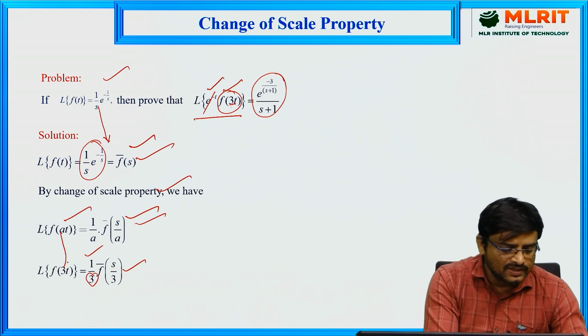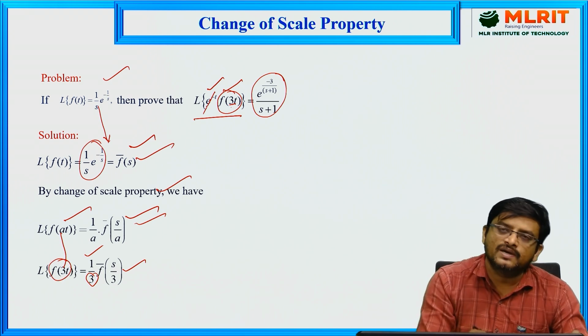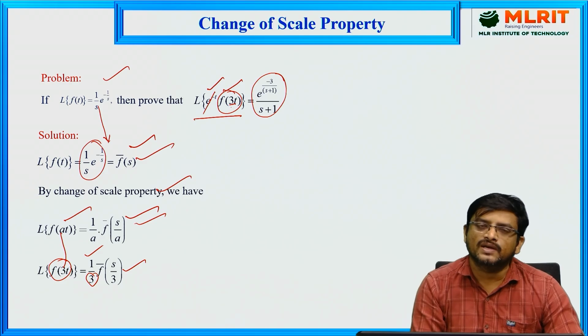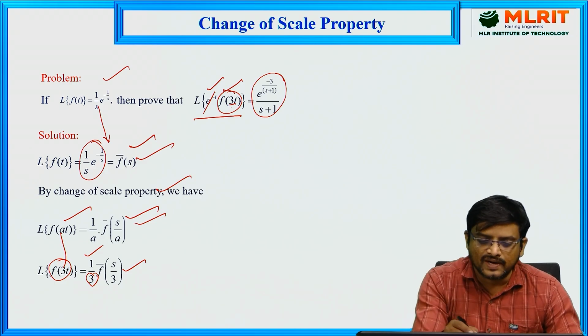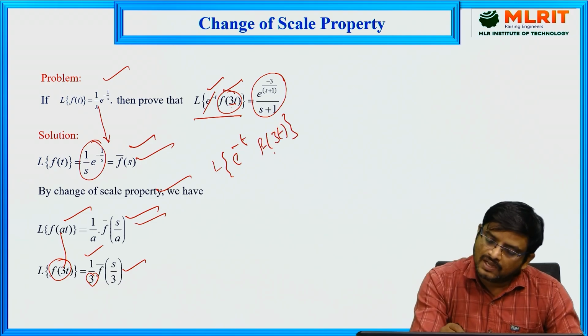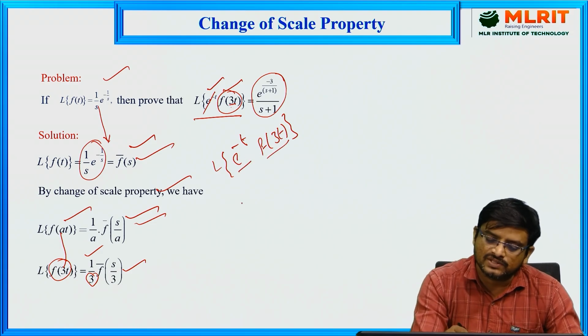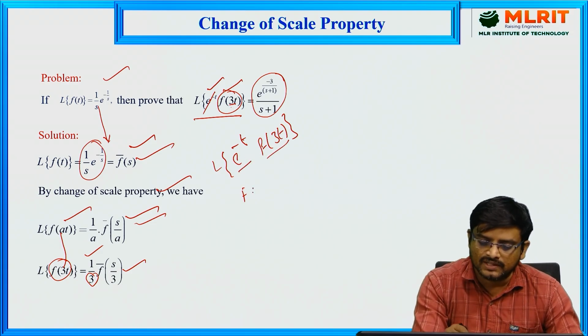Now we don't want only f of 3t. This f of 3t is multiplied with an exponential function, e power minus t. So if we want to find the Laplace transform of this entire function, e power minus t into f of 3t, then, as we already saw in the previous class, if any function is multiplied with an exponential function, we have to take the help of the first shifting property.